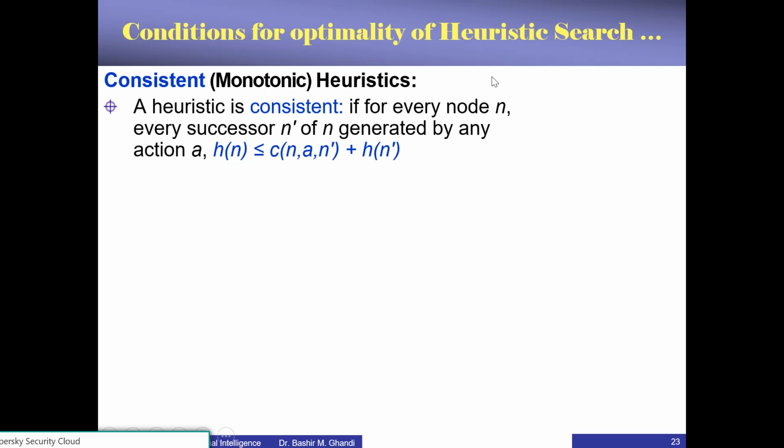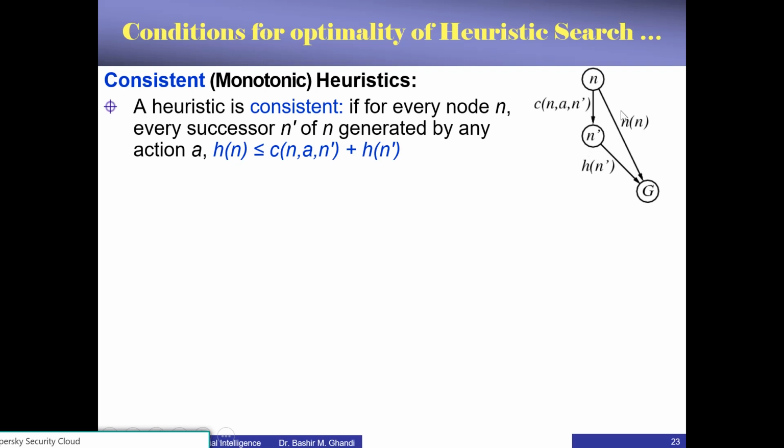Let's try and explain this by diagram. Basically what it is saying is, suppose we have two states, n and n prime, where n prime is a successor to n.